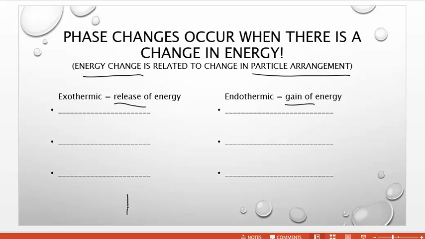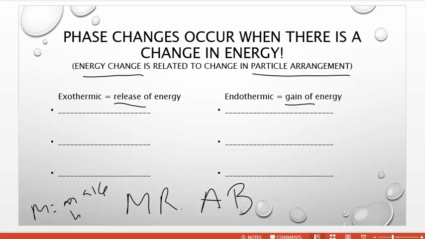Now I'm going to put something down here, a little mnemonic device that I use, and you'll use it throughout the course, because we'll be coming back to this later. I use Mr. Ab. The reason why I use Mr. Ab is because this M is going to stand for make bonds.